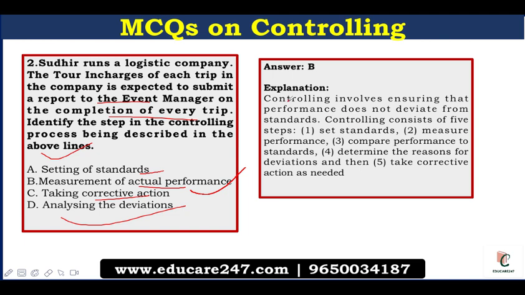So as mentioned earlier, controlling involves ensuring that performance does not deviate from the standards. It comprises 5 steps, which include setting up of standards, measuring of performances, comparing the performance to the standards, determining the reasons for the deviations, and then taking corrective action as required.